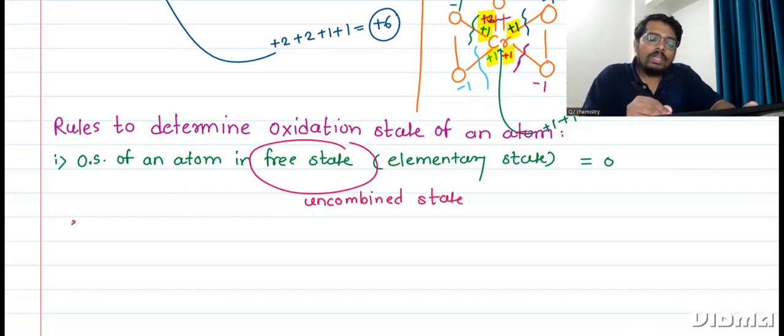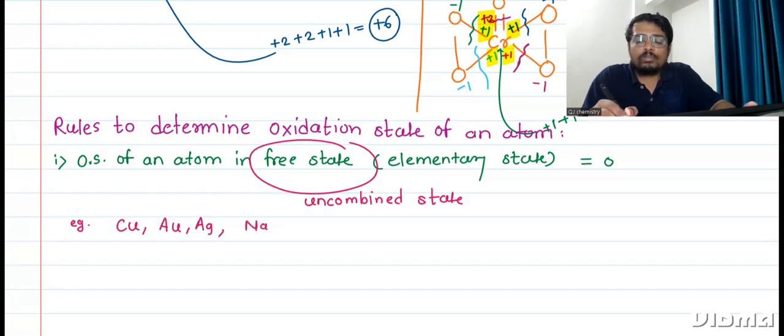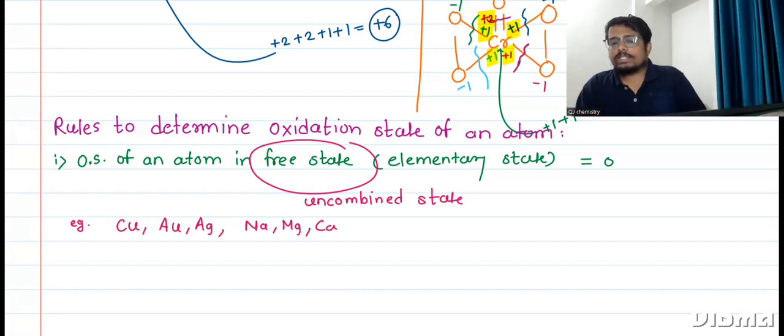For example, we know that metals exist in atomic form, for example copper, gold, silver, or sodium, magnesium, calcium. Here, in this atomic form, in the free state, the oxidation state is taken as zero.